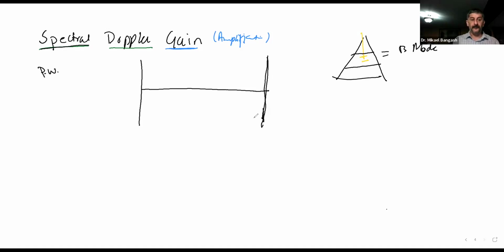If your sample volume is outside the blood vessel, you will not have a Doppler shift.